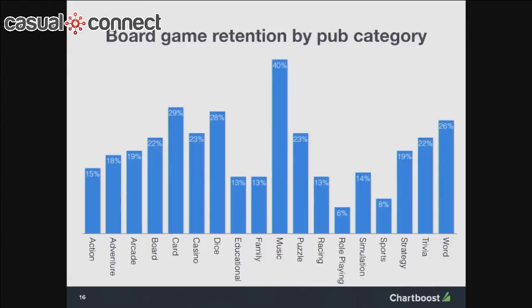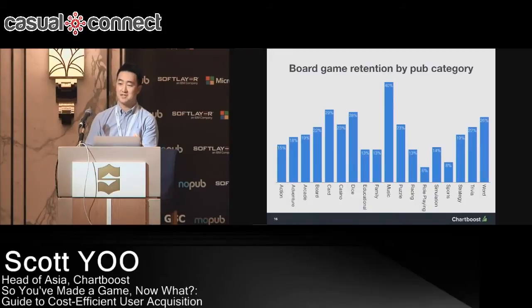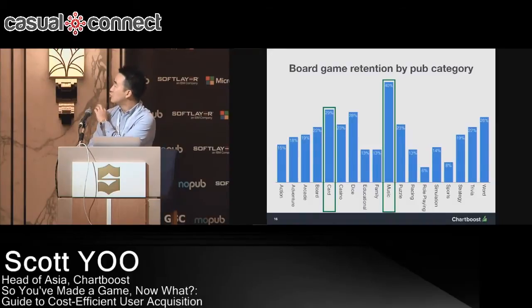So for example, if you're a board game and you're acquiring users from card category games, you should be seeing a 29% day 7 retention. Again, you can see that for board games, while you should be aiming for a 15% day 7 retention rate, when you break it down by each publisher category, you can actually see that you should be targeting card and music games if you're a board game to be acquiring users in a more efficient way.